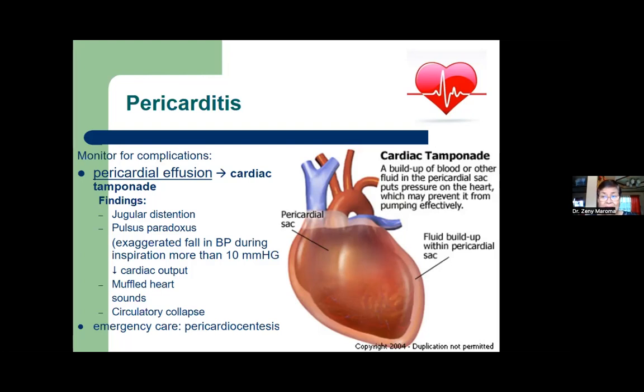Ngayon, anong effect ng decreased cardiac output? Because of decreased amount of blood pumped by the heart, there'll be decreased oxygen, which will be delivered to all the body cells, especially the brain. So, anong effect on the brain? So, the patient initially has disorientation, confusion, restlessness, until stuporous and comatose.